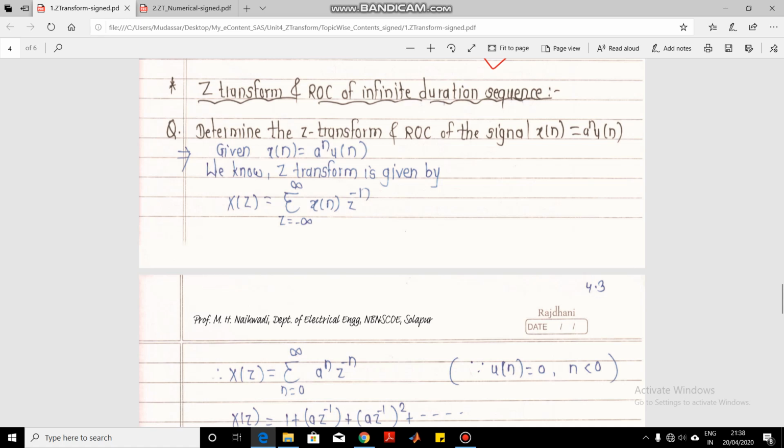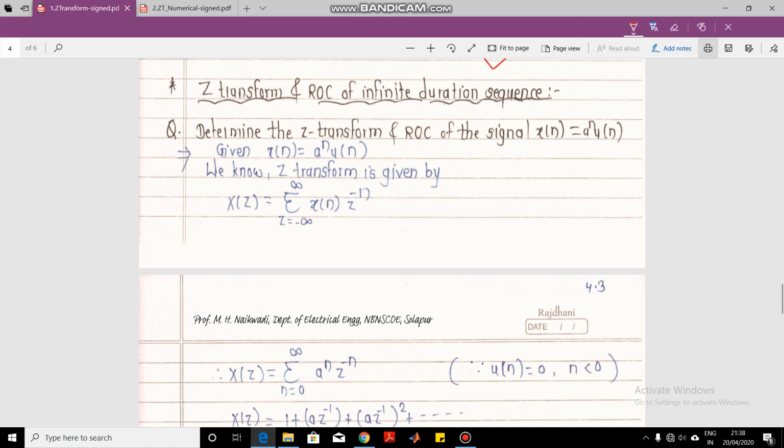It may be decaying or growing depending upon the value of a, but we need not bother about it because the value of a is not given. So it is simply an exponential sequence, and since u of n exists from 0 to infinity, this sequence also exists from 0 to infinity. Now we have to find the Z transform of such a signal.